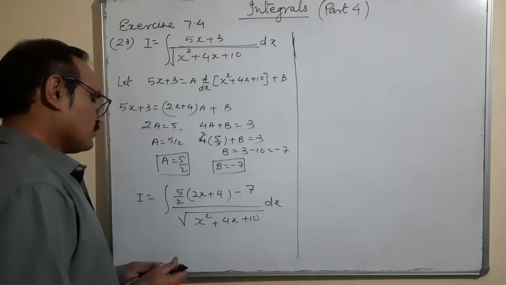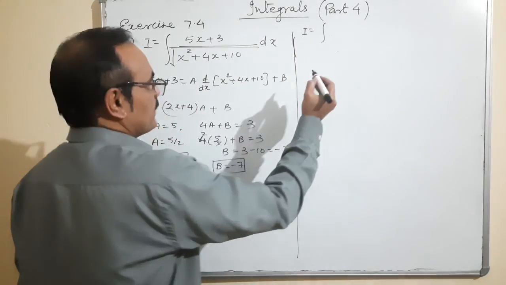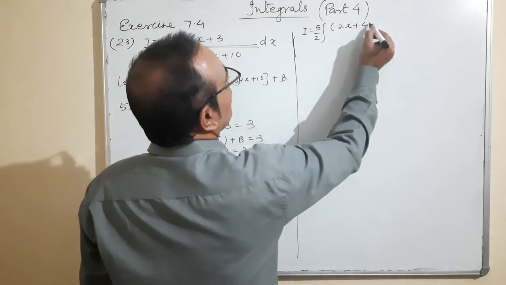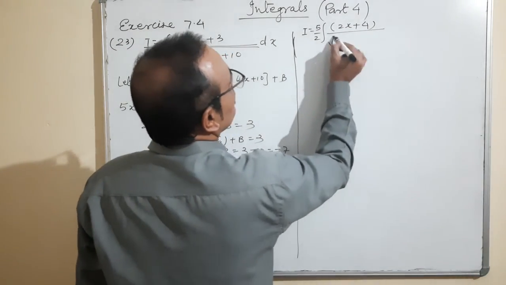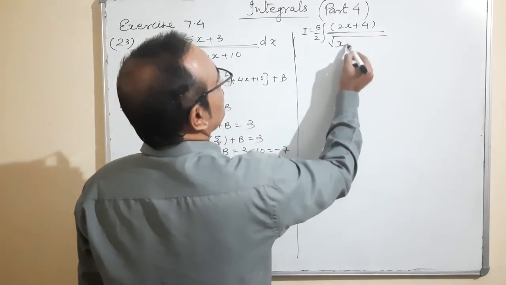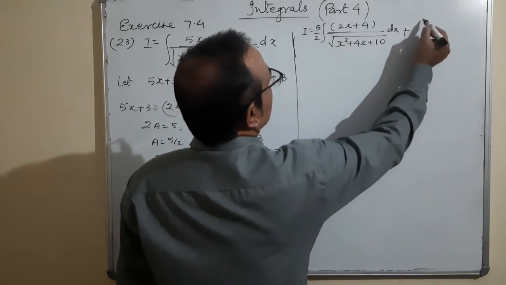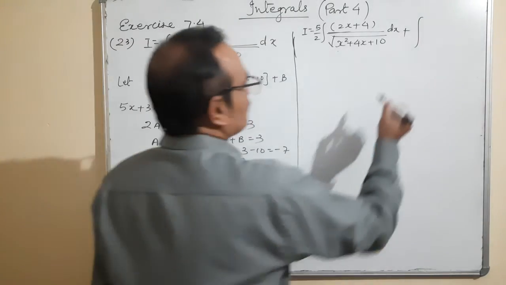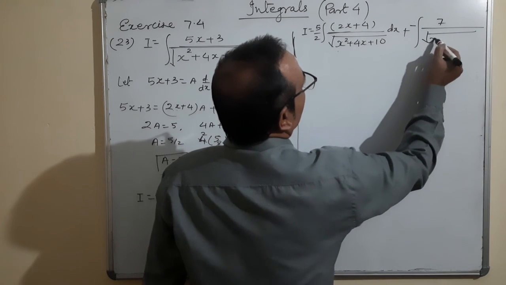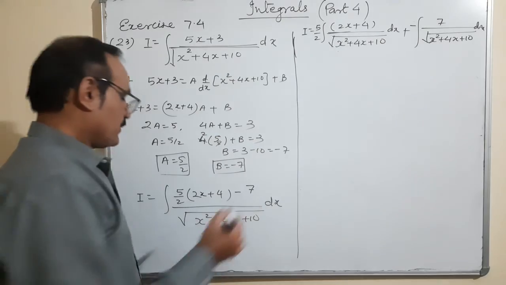I is equal to 5 by 2, 2x plus 4 upon under root x square plus 4x plus 10 dx, plus minus 7 upon under root x square plus 4x plus 10 dx. Okay, divided into two parts.